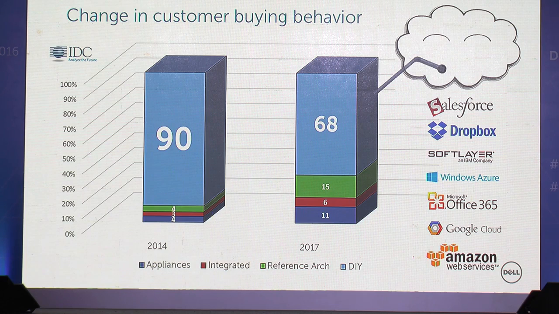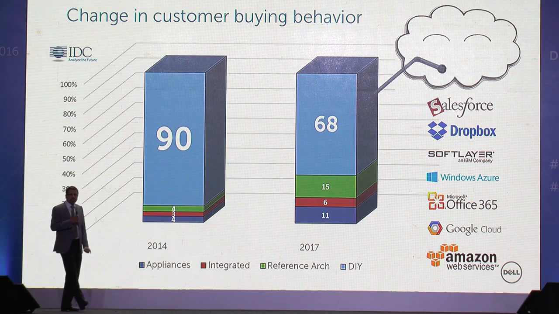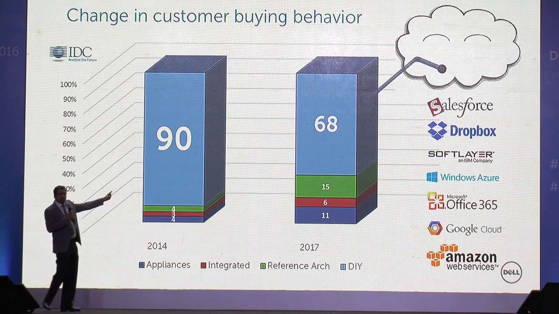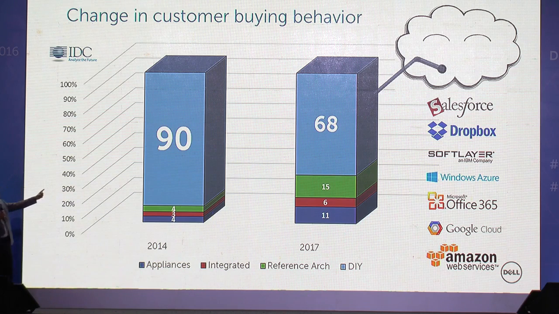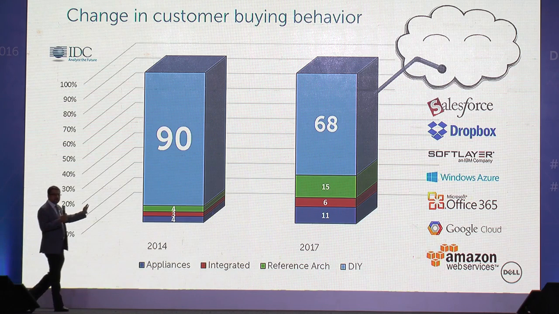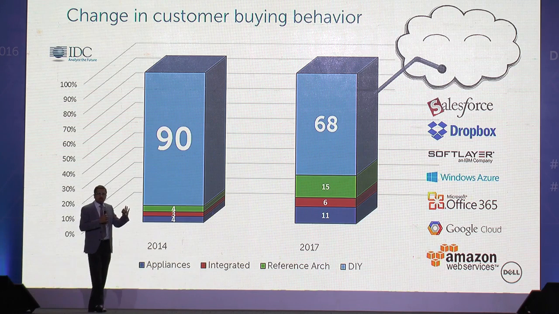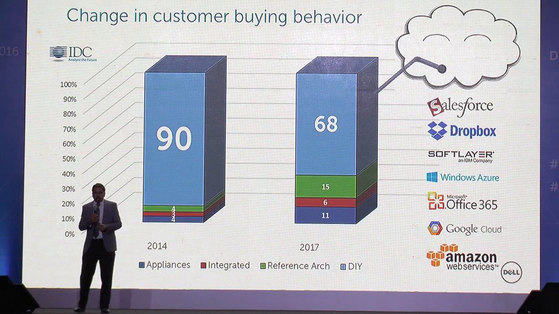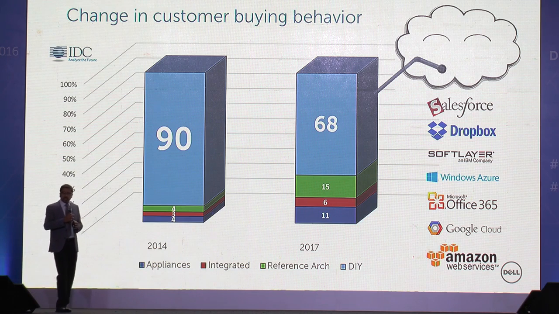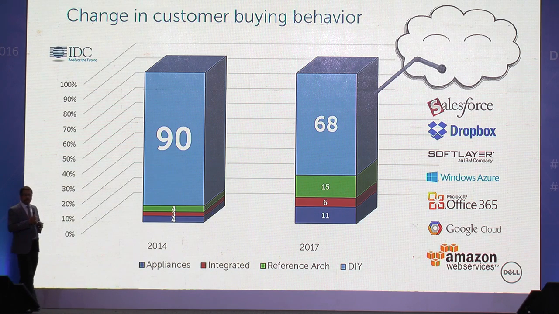Look at that shift in the market, 3 years, from 2014 to 2017. Over 30% of that market doesn't want to do this anymore. More than 30% of our customers say, listen, I don't want to buy these servers, storage, networking as isolated blocks and then have to test them myself and put them together.